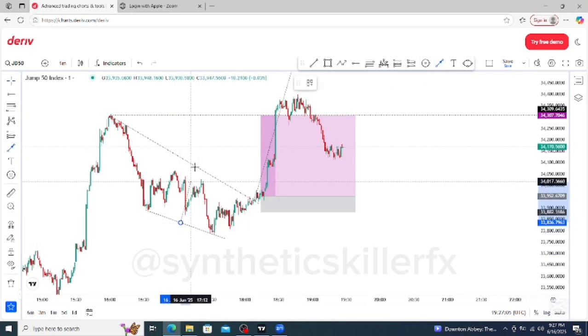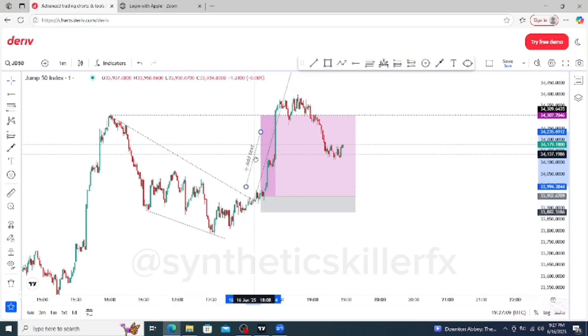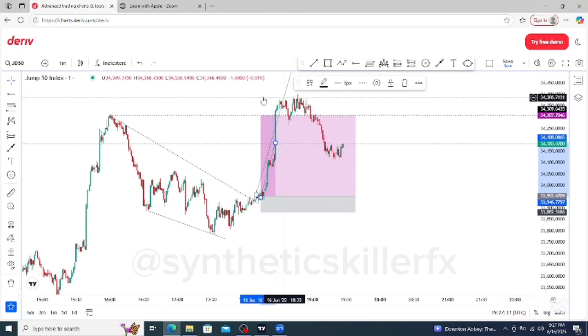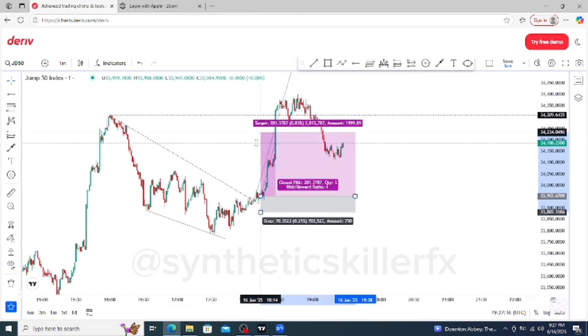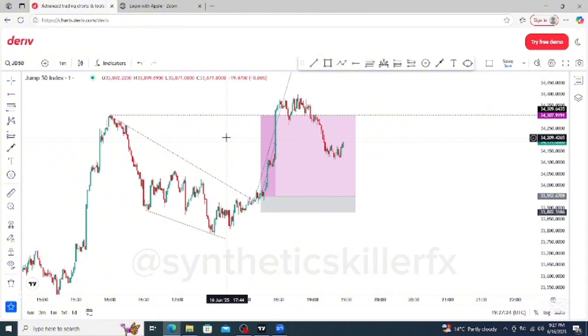It might not be big, but if we did target TP1, we're going to take that area there, put it at that point, which I know was about 1 to 1. So you see, it would have eliminated our risk at a 1 to 1. Then there would have made our profits.